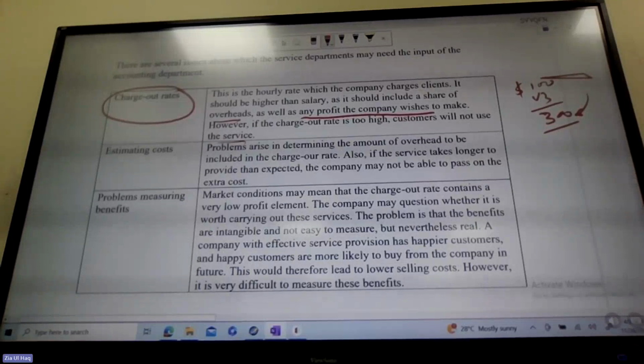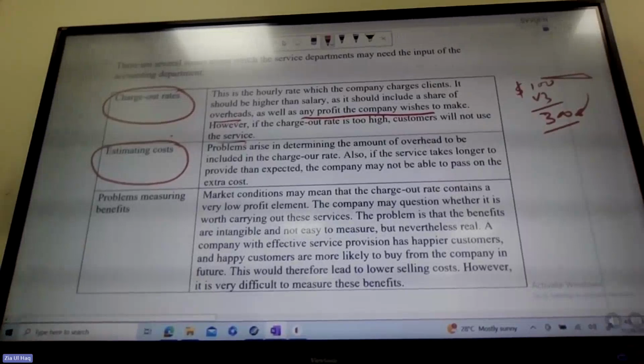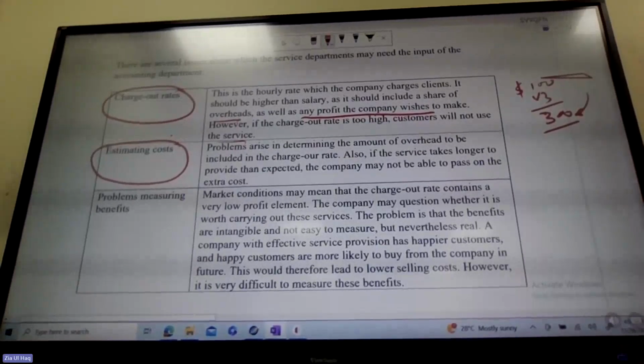What is the estimated cost of our service? To calculate this, the accounting department needs to consult with the service provider department. Because according to the nature of the work, who can provide the total number of hours worked on the service? The service provider.